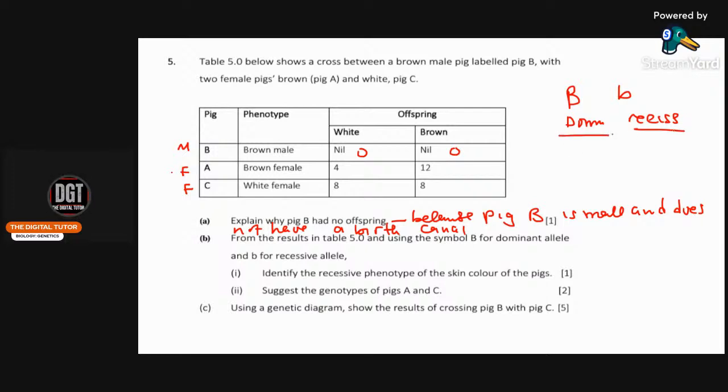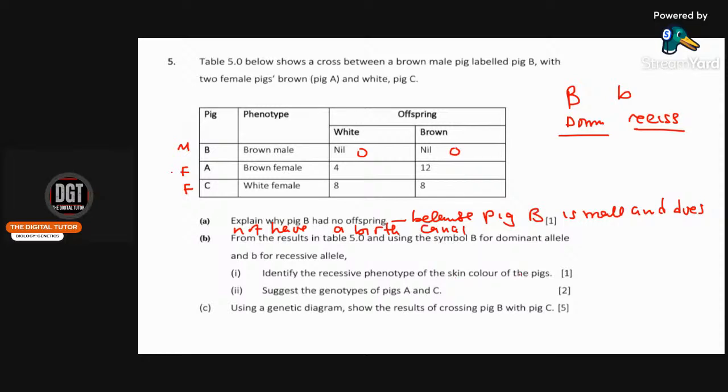Here they've not told us to use our own, like in the first case, but here we are given the symbols. So pay attention to the details. Identify the recessive phenotype of the skin color of the pigs.